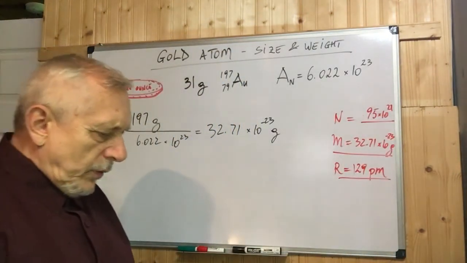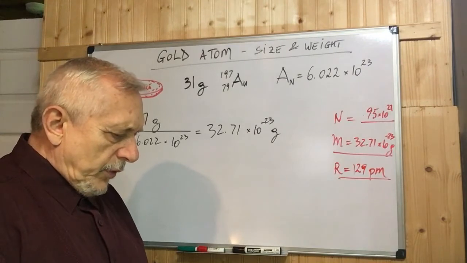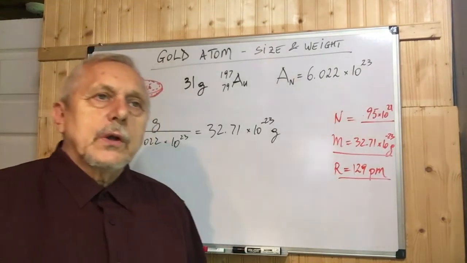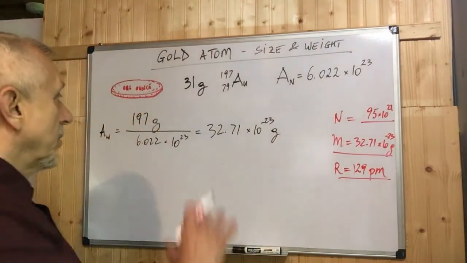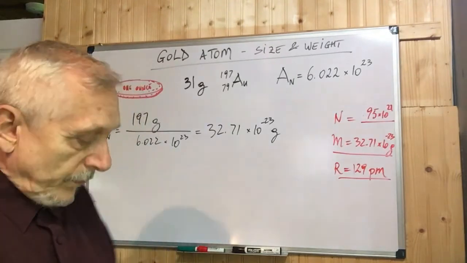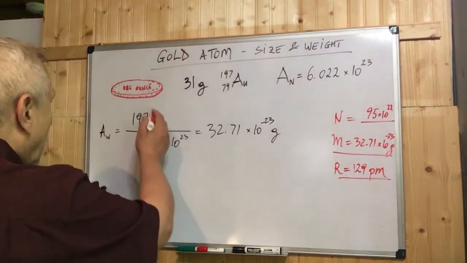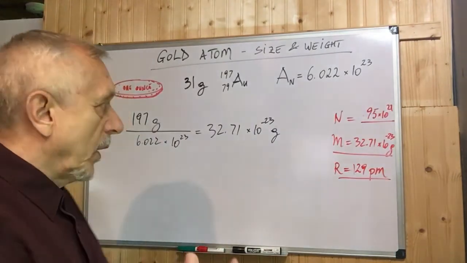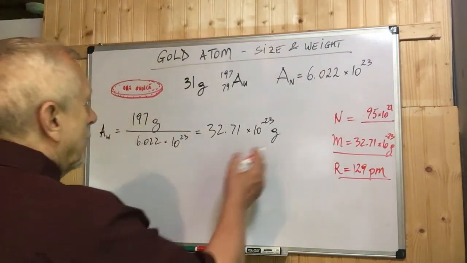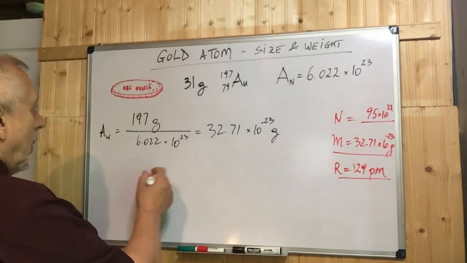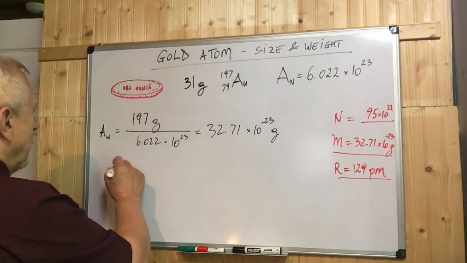Another thing to verify, if we want, is the weight of a proton. Why not? We know that we have 197 particles, both protons and neutrons, in one atom, and the atom alone has this weight. So how can we find out the proton mass? We simply divide.